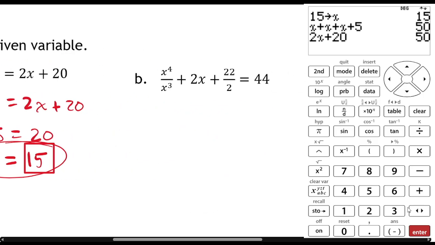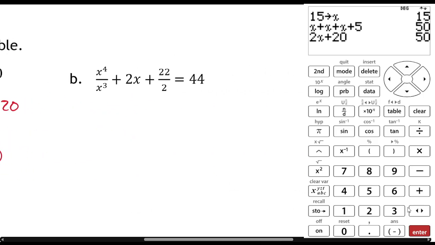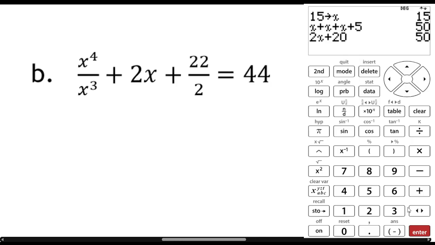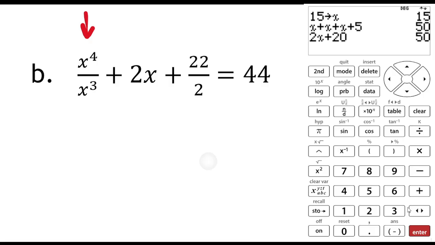And then for B, okay. So we have some skill at simplifying this. If I've got x to the 4th over x to the 3rd, that's just a single factor of x. Plus 2 more x's, so that's really an x plus an x plus an x, and then plus the number 11, and that equals 44.